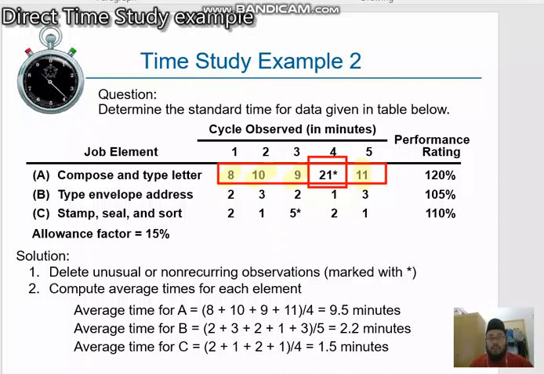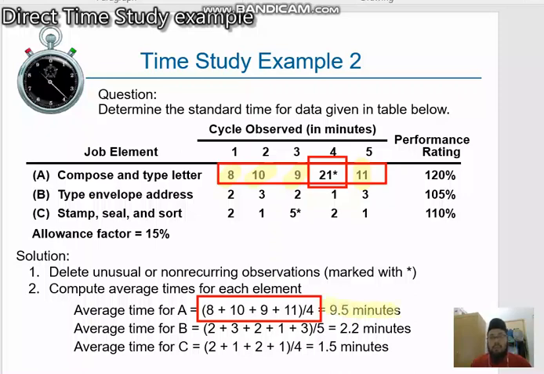So what we did is, in the average time for A, we discarded observation number 4. So we can see here only 4 data were considered in the average time calculation for element A. So 8 plus 10 plus 9 plus 11 minutes divided by 4. So the average for element A is 9.5 minutes.